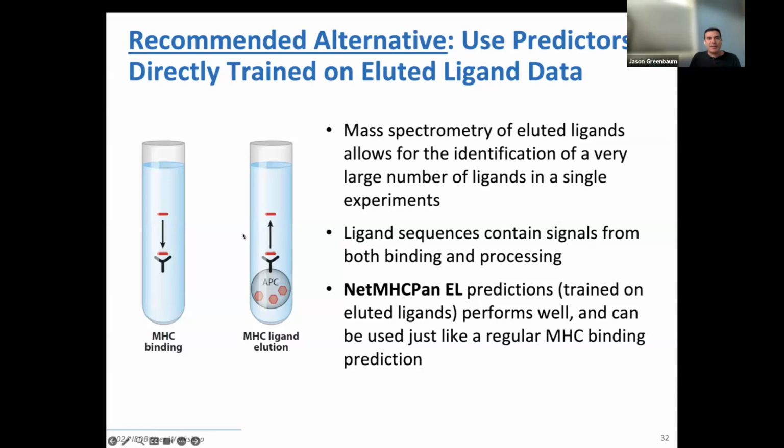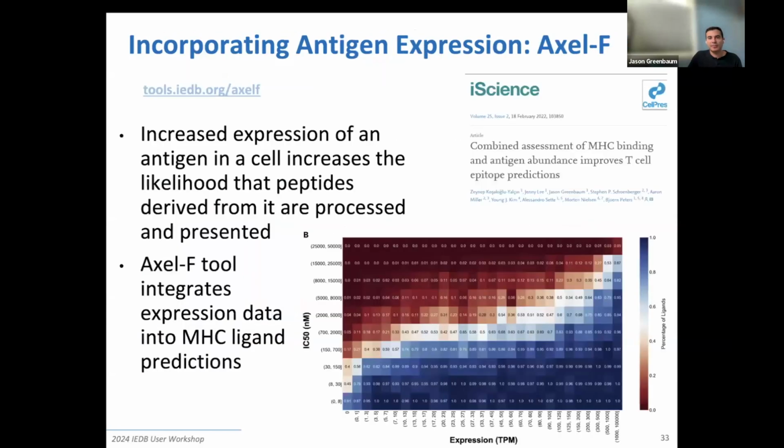Whereas the MHC ligand elution methods are trained on data where a peptide has already gone through that whole process of being processed, binding to an MHC, making its way to the cell surface, and eventually being eluted in this assay. So those peptides contain signals from the entire pathway. And NetMHCpan-EL is one of those methods, and that is what we recommend as our quote-unquote epitope predictor.